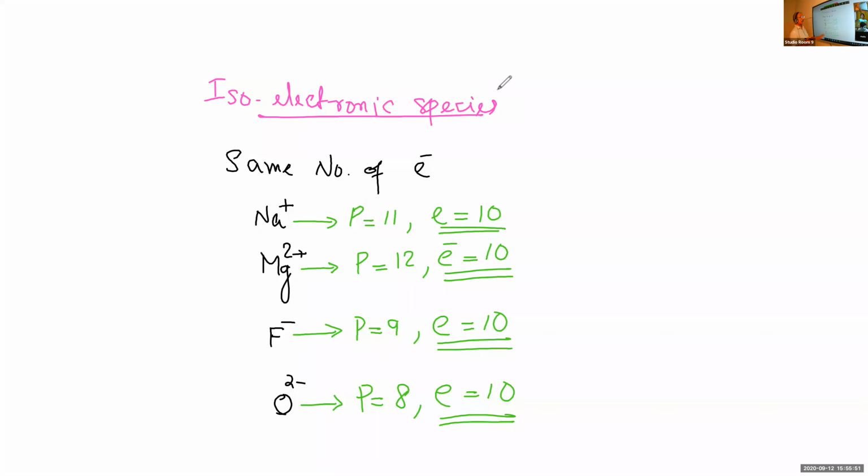So Mg plus 2, Na plus, F minus, and O minus 2, all these are isoelectronic species. So we can define isoelectronic species as the species with the same number of electrons.